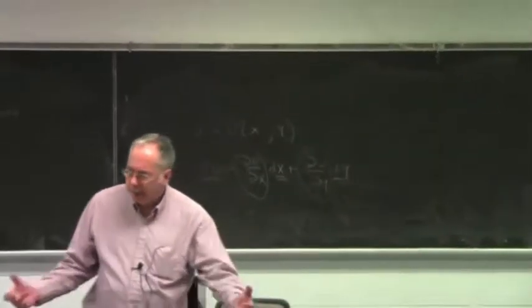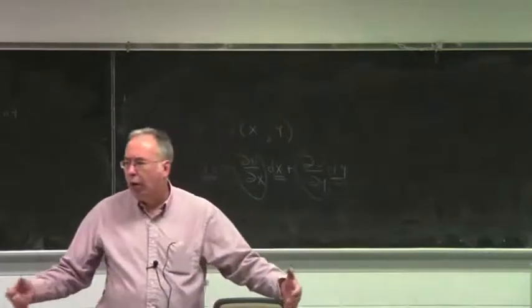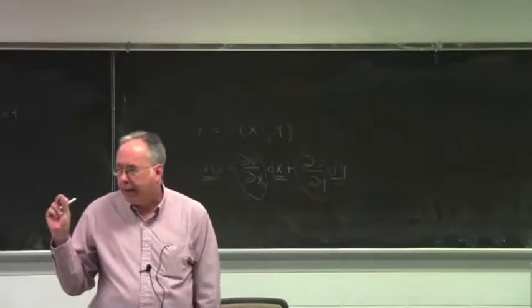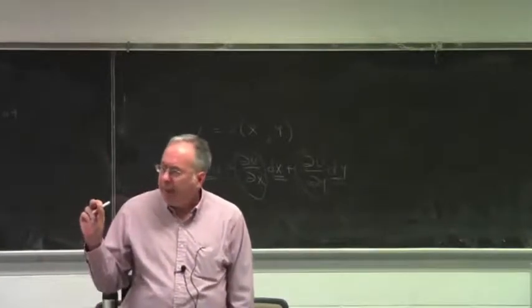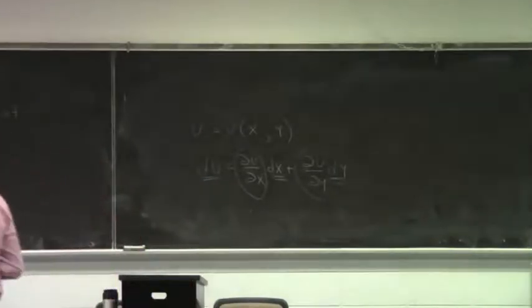When I talk about it, I often talk about the change in x being 1 or the change in y being 1. But for this to be mathematically correct all the time, dx and dy have to be infinitesimally small changes.